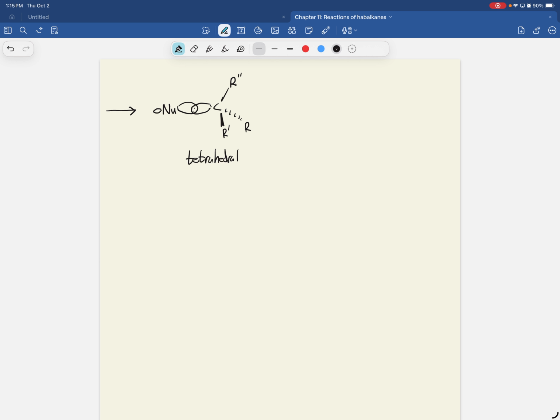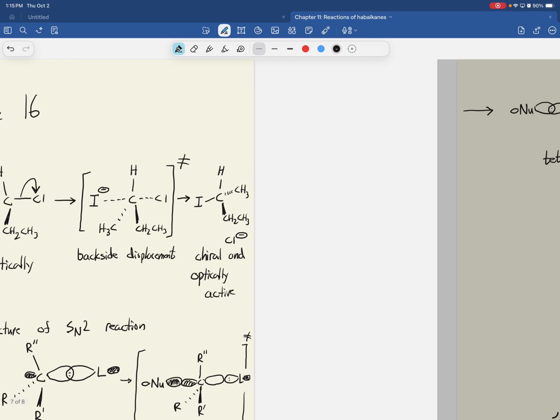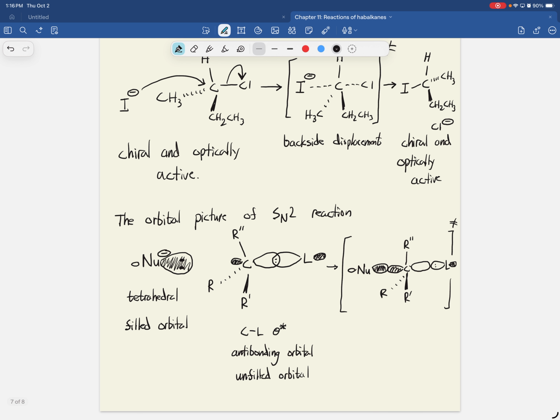And the transition state, that was a trigonal planar arrangement. So if I can, I go back. Right here, this is trigonal planar around this carbon atom right here. So that geometry is planar. It's going to a planar transition state.